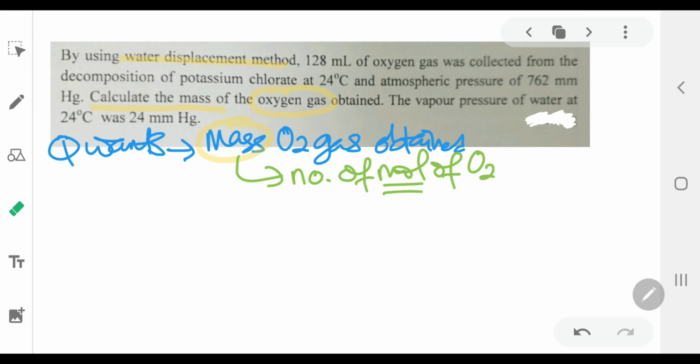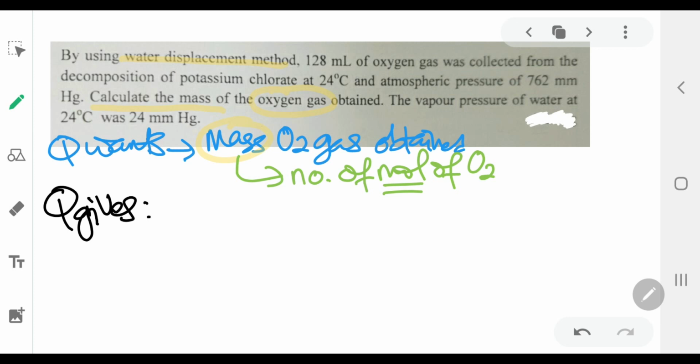Okay, so let's go back to this question. So now our task is to find the number of mole of oxygen. Okay, so that is what the question wants. What about what the question gives? So it's very important for us to extract information.